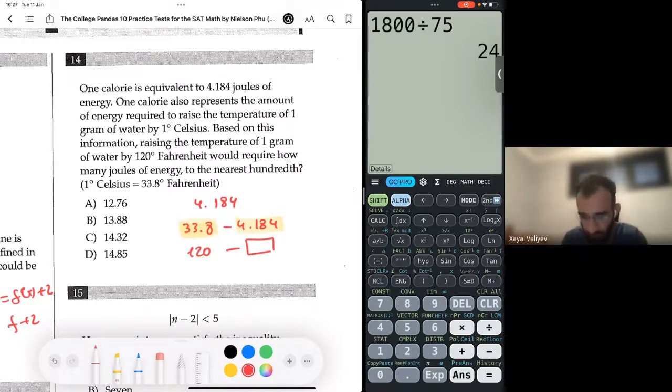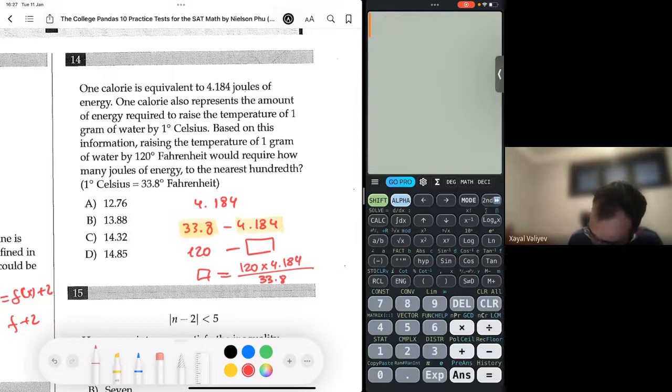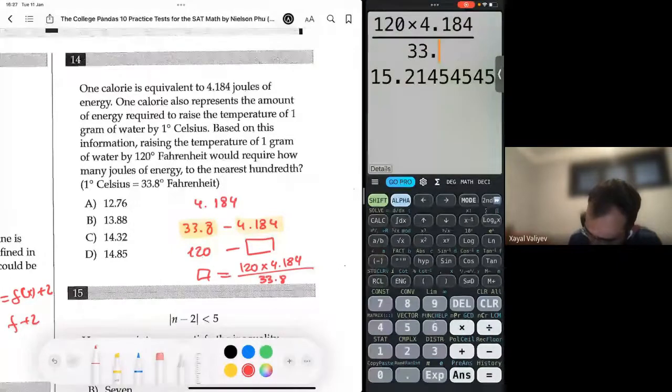Okay, so basically I need to find out 120 multiplied by 4.184 divided by 33.8.